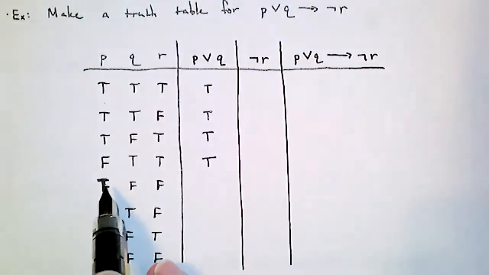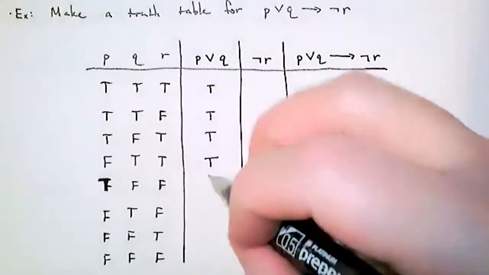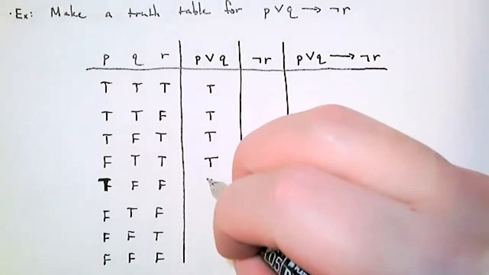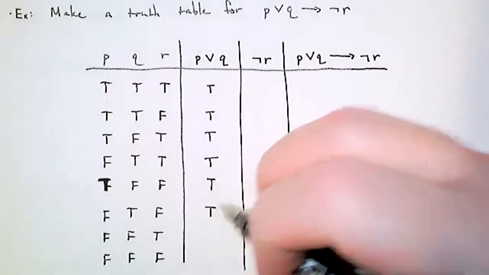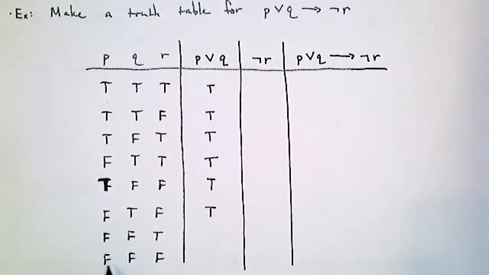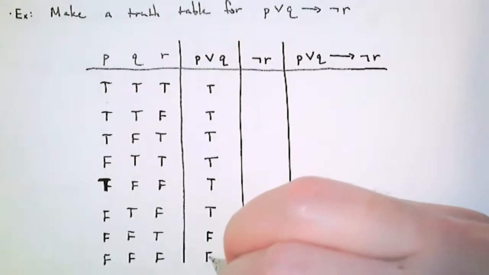And then this should be a true. I had a little bit of a typo. So we still have 1 true. And we still have 1 true. And then in these last 2 rows, we finally have P and Q both false. So this is the first time we get a false down here.